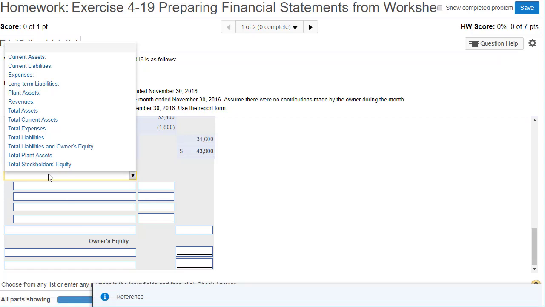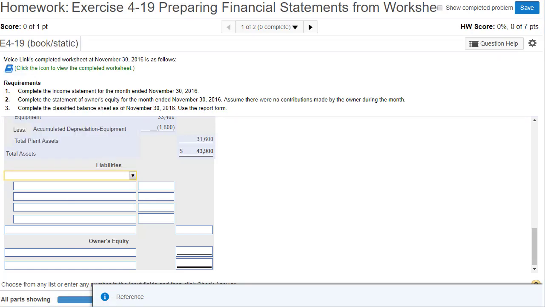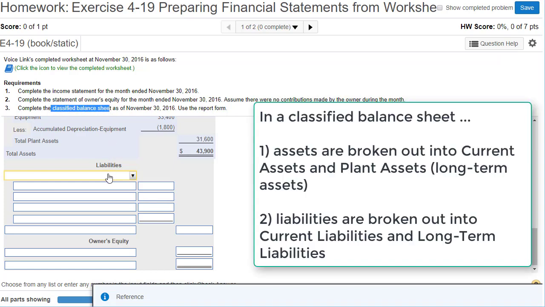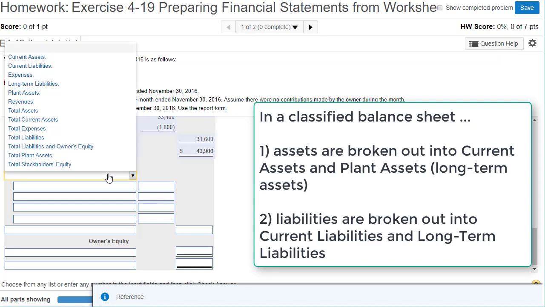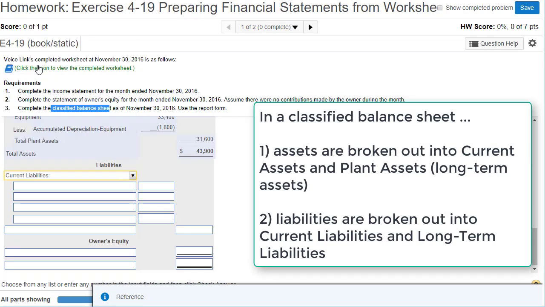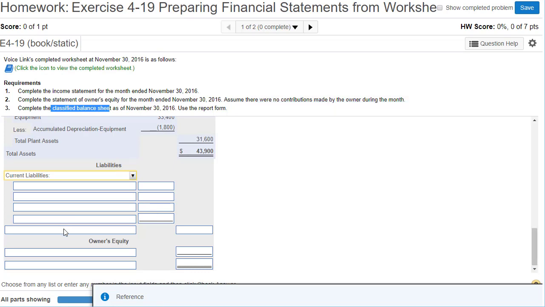These are current liabilities. Remember we're making a classified balance sheet. On the classified balance sheet, we have to divide our liabilities into current liabilities, in other words, ones that we have to pay within the next 12 months. And if they have anything that's due past 12 months, those would be considered long-term liabilities.